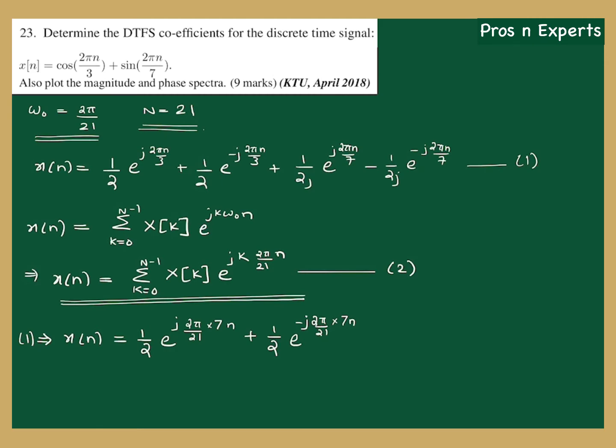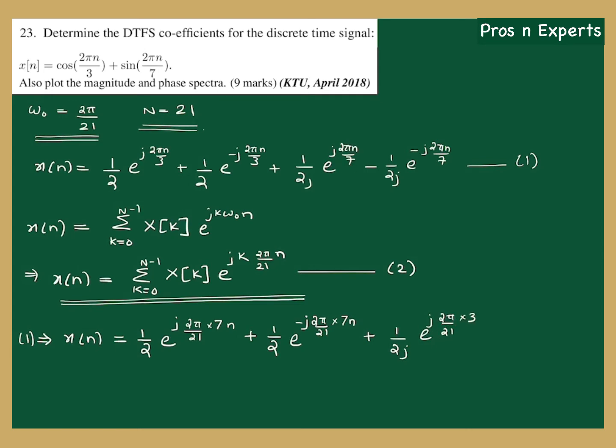Plus the third term, 1 by 2j e raised to j into 2 pi by 21 into 3, because 2 pi by 21 into 3 gives 2 pi by 7.